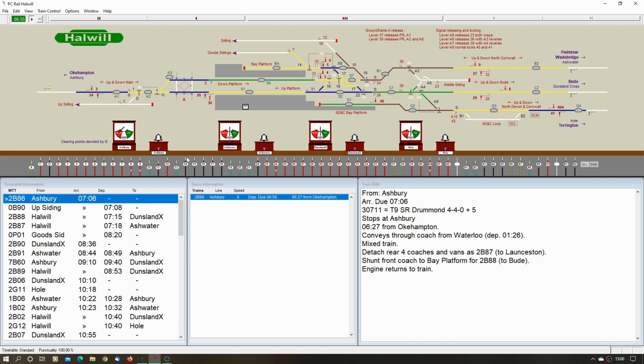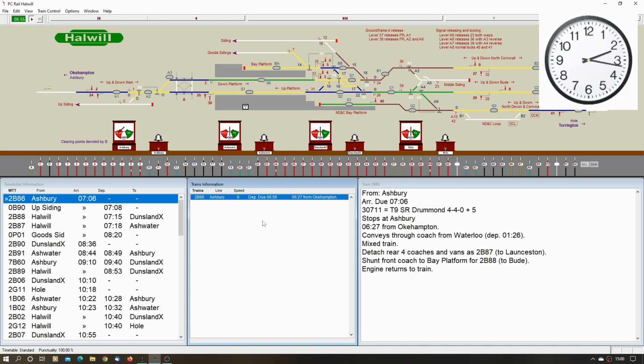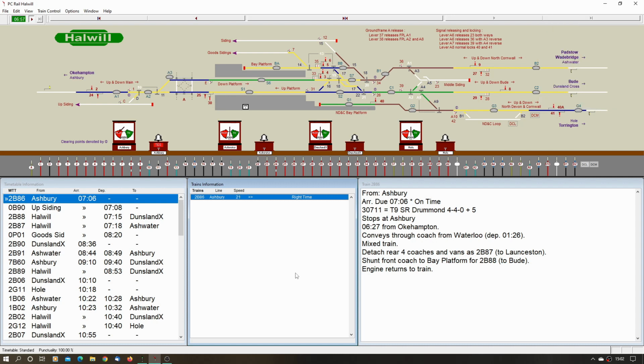Right, now I can see what's happened here. Yes, we've got it offered, but he's actually booked to stop at Ashbury. So I'll try and cut this little bit out and rejoin you when it's approaching the layout. Right, that's train entrance section just received.